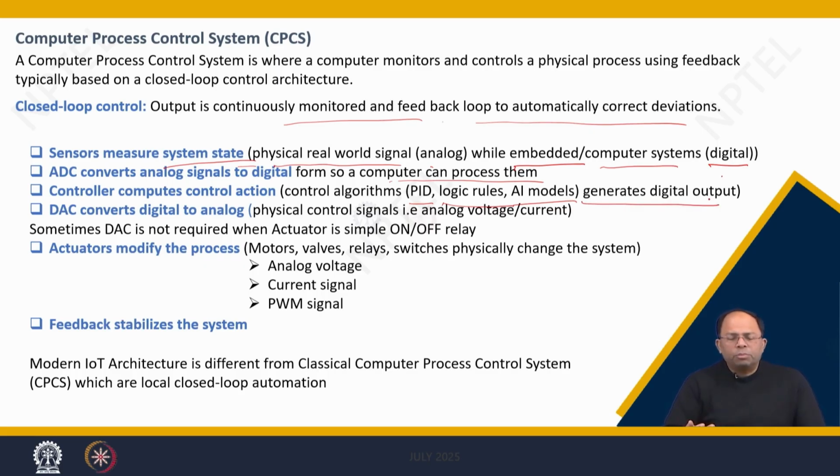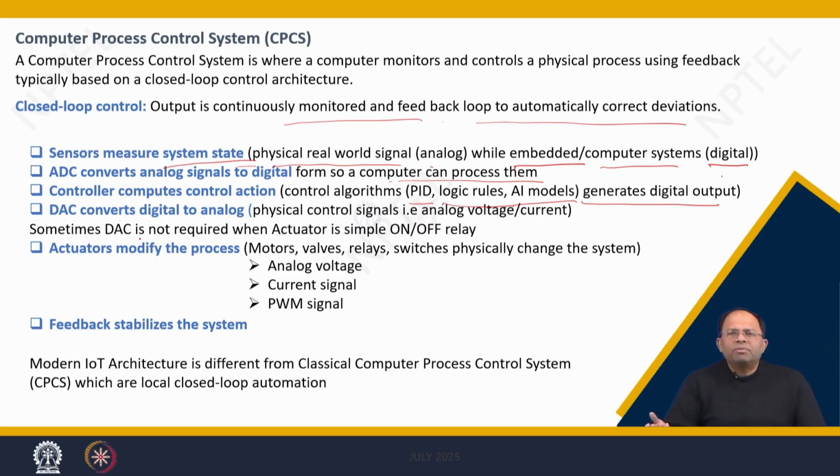And this digital output is then converted by a DAC, a digital to analog converter, because most of the actuators will not be able to understand the digital signal. They will understand an analog signal. That means it is not just zeros and ones. In some cases yes, in case it's a switch, there are only two positions, 0 and 1.